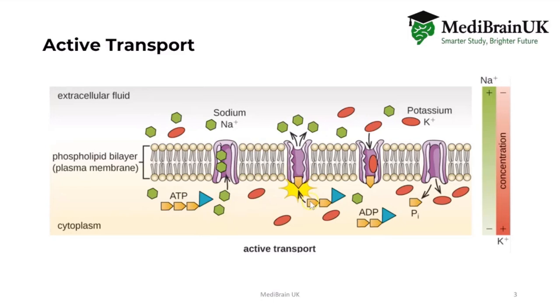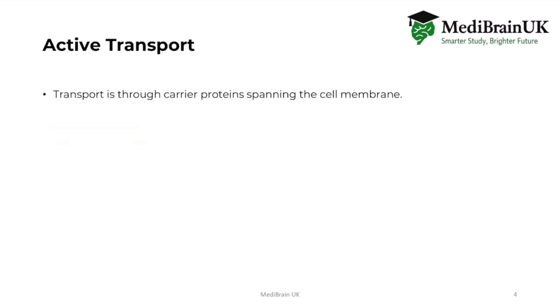Active transport, if you think back to GCSE, was the movement of sugars from an area of low concentration to an area of high concentration, against the concentration gradient, and it requires energy in order to occur.